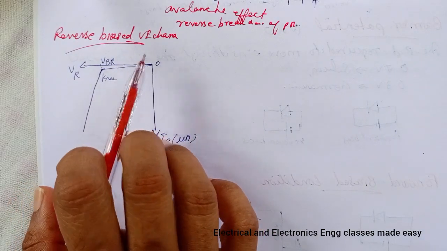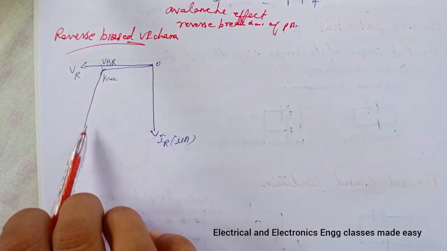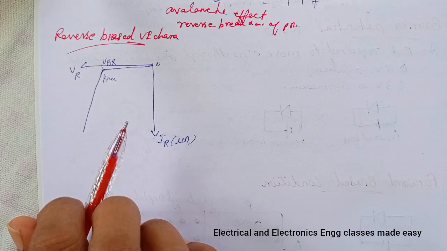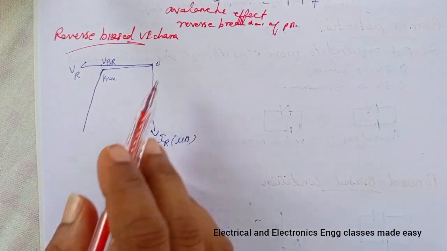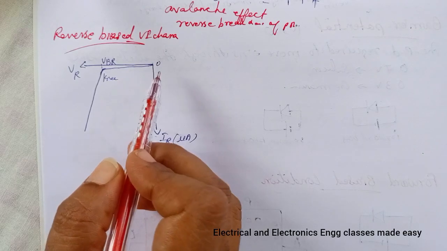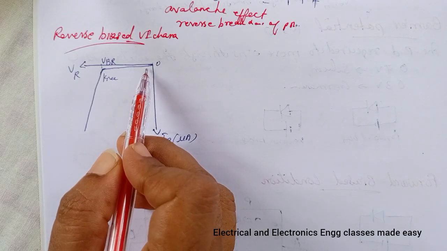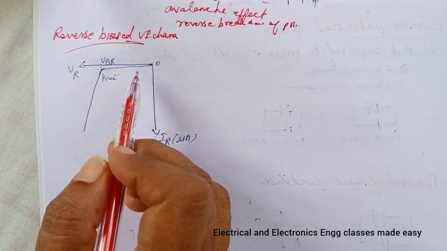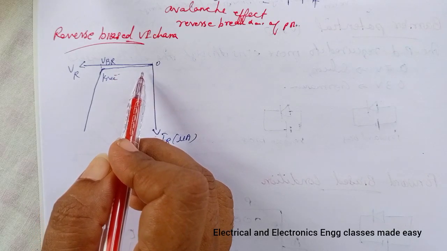Reverse biased VI characteristics. A typical VI characteristic for a reverse biased PN junction is shown. When a reverse bias voltage is applied across a diode, there is only an extremely small current IR through the PN junction.